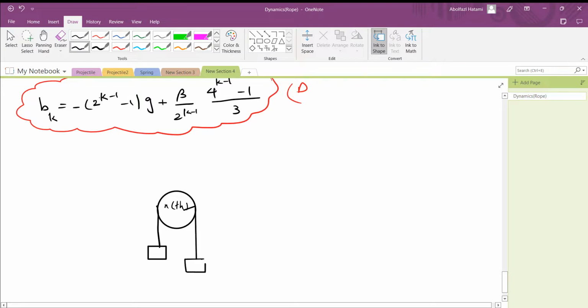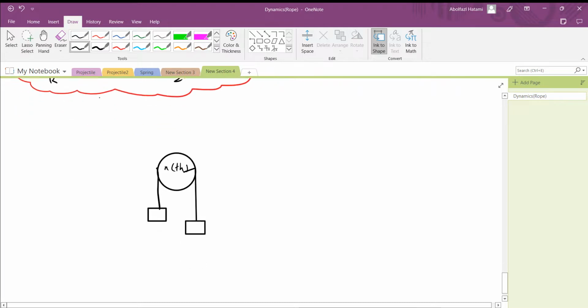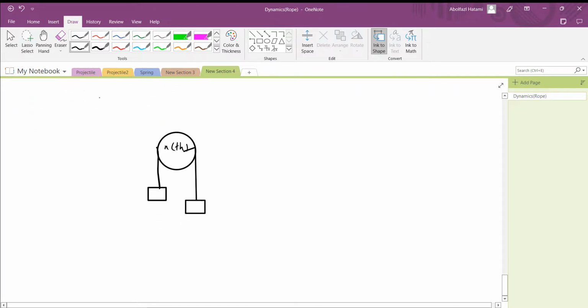So we said that the tension in both ropes is equal, because the rope is massless.